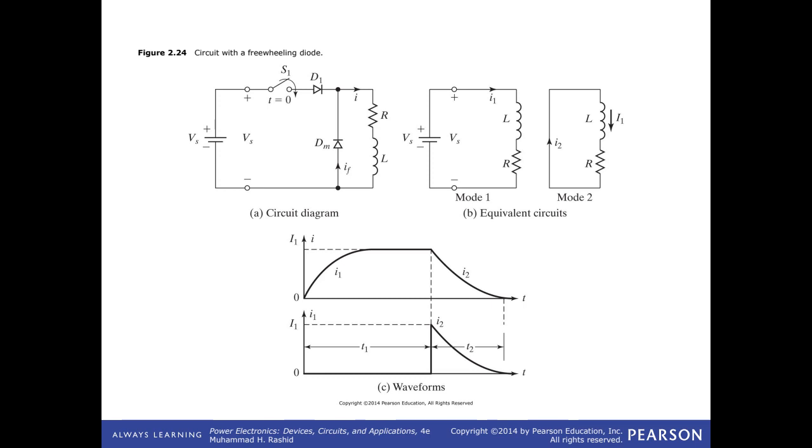When you put it on, current is going to flow through that line, and then energy is going to be stored here exponentially. That is the current waveform. Current is going to flow like this. Probably it's going to reach steady state.